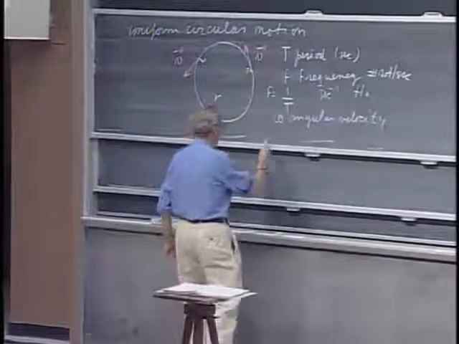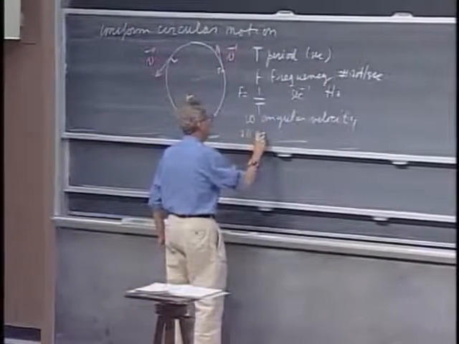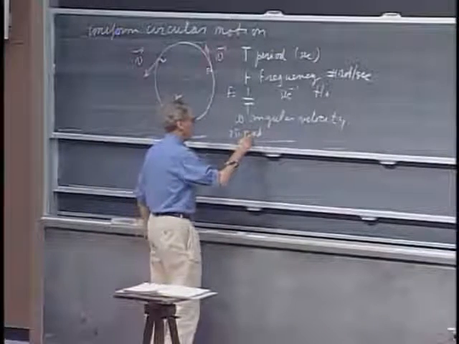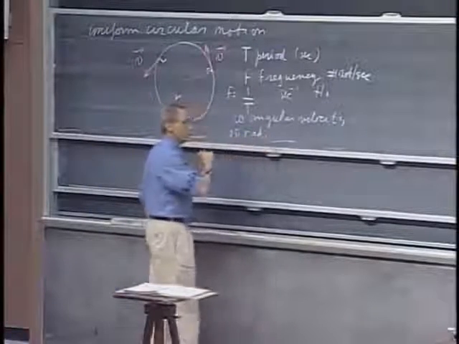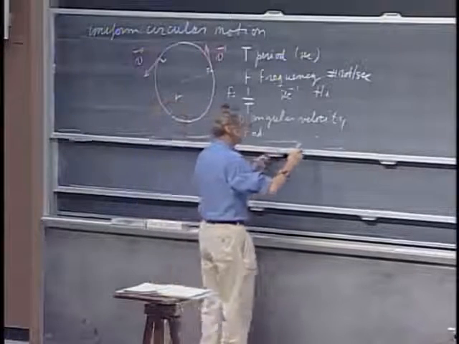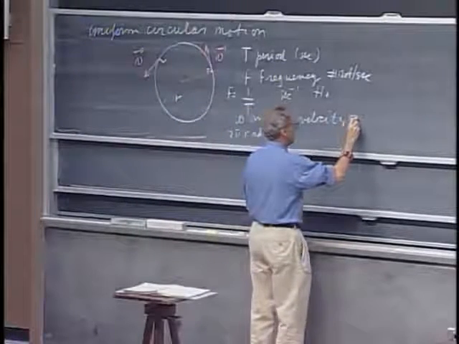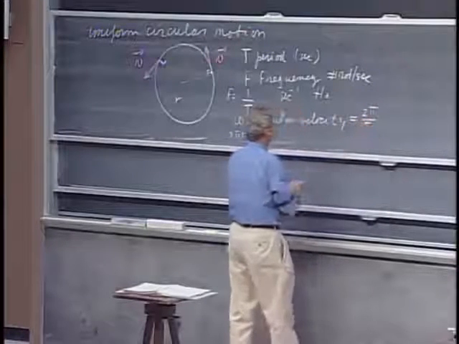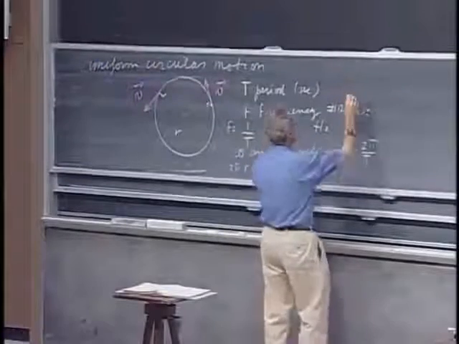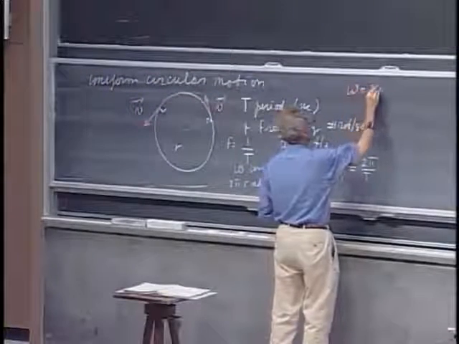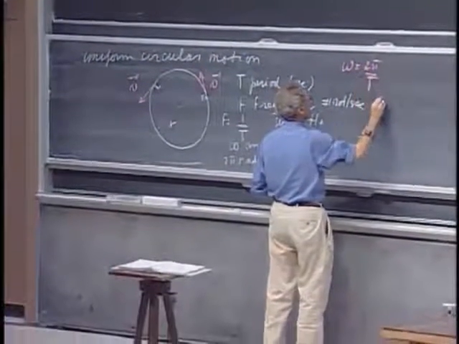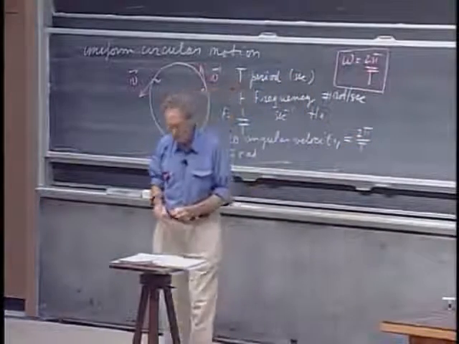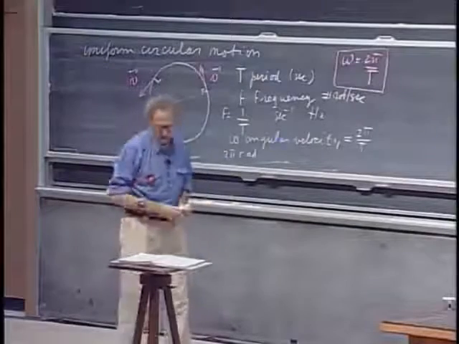So since there are 2 pi radians in one full circle, and it takes T seconds to go around once, it is immediately obvious that omega equals 2 pi divided by T. This is something that I would like you to remember. Omega equals 2 pi divided by T: 2 pi radians in capital T seconds.